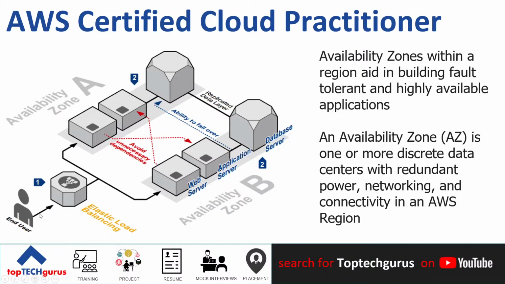That is, when an end user gets through the network and accesses your application, it is available in two different availability zones, each of which is actually a discrete data center.